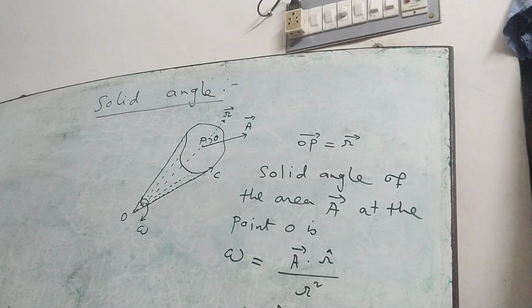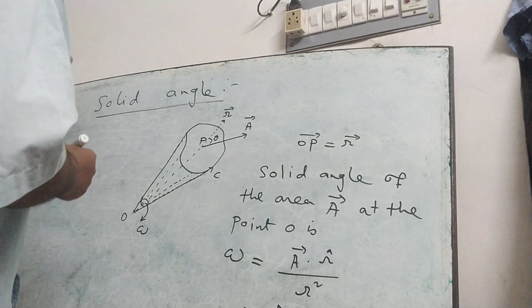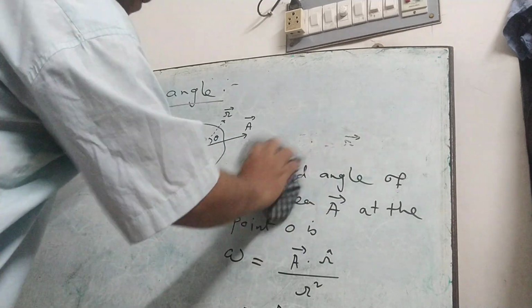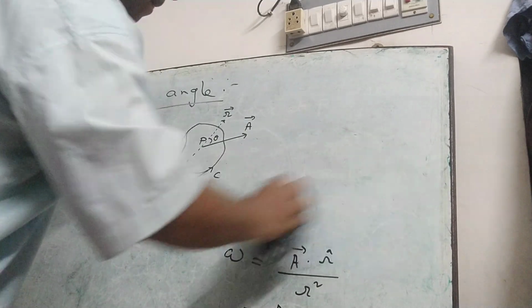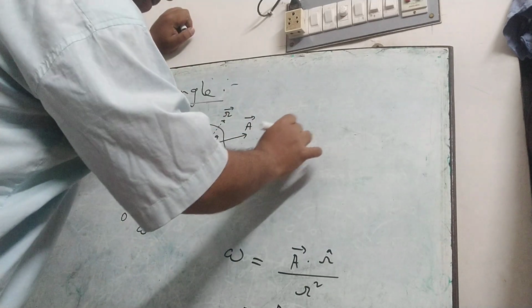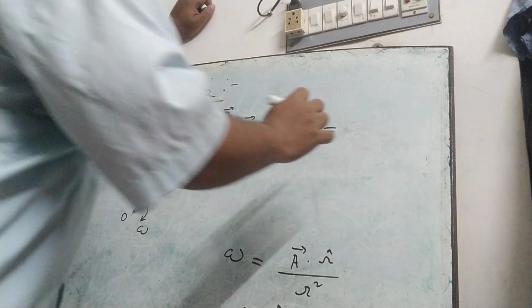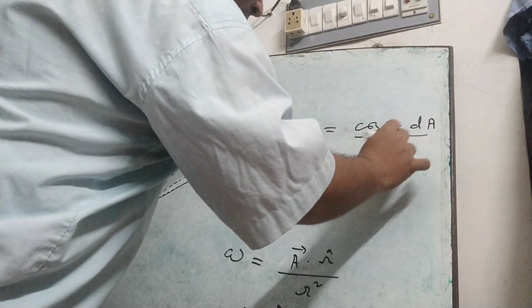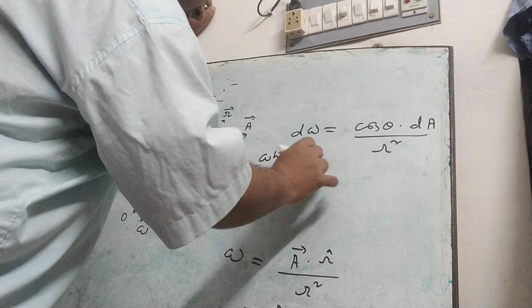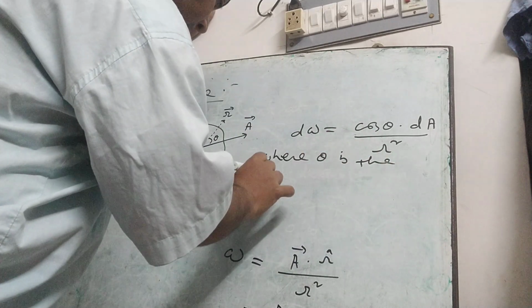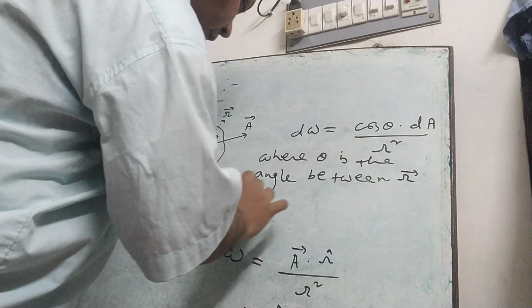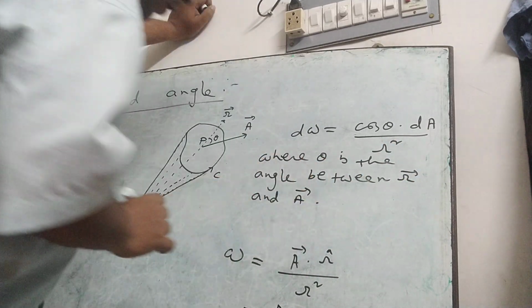In calculus, we can write solid angle d omega is equal to cos theta into dA by r square, where theta is the angle between r vector and A vector.